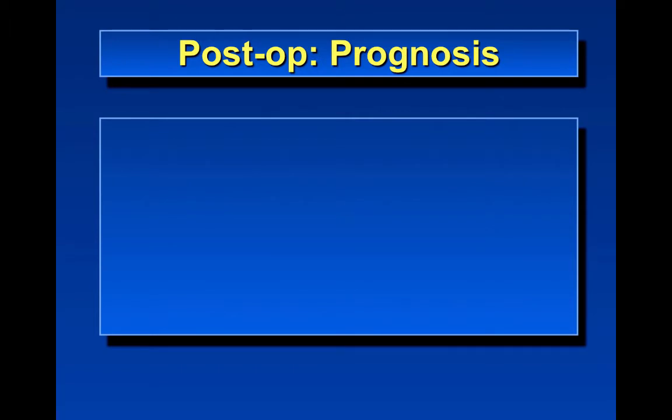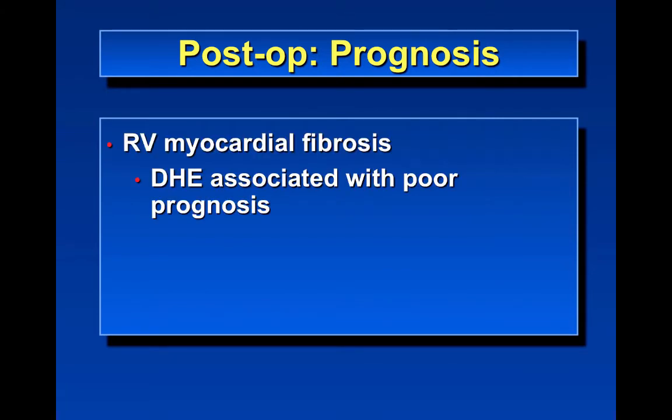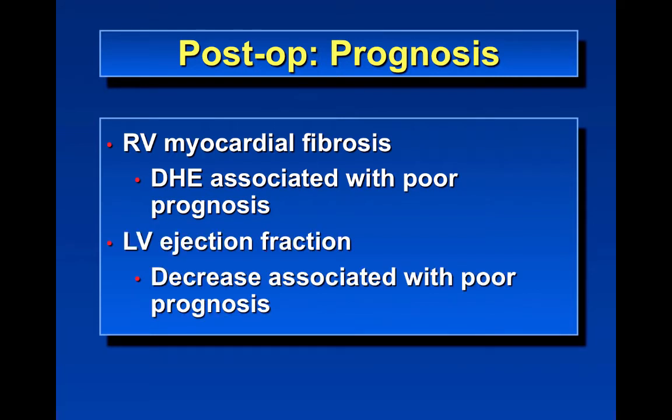MR can also be used to assess the prognosis in Tetralogy of Fallot, and I'll just have a few words on this topic. We assess right ventricular myocardial fibrosis, and delayed enhancement indicating RV fibrosis is associated with a poor prognosis in tetralogy. Another marker of poor prognosis is decreased left ventricular ejection fraction.